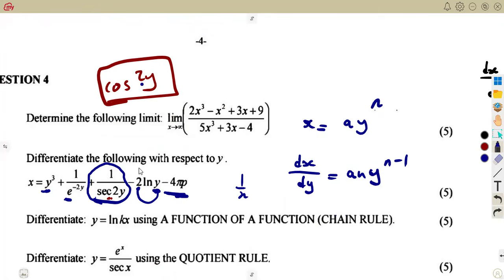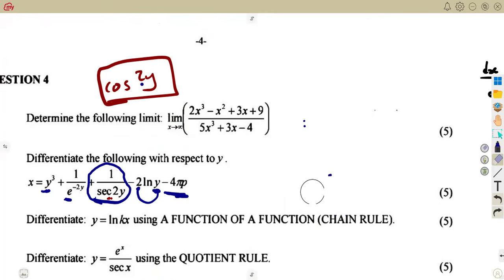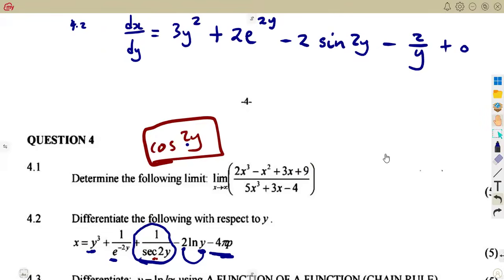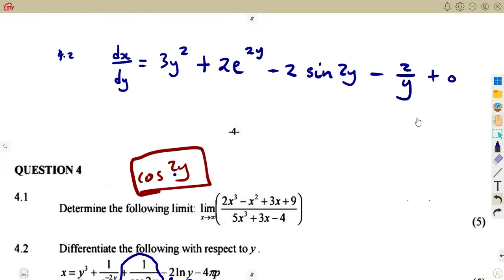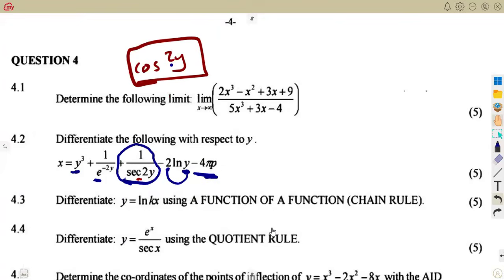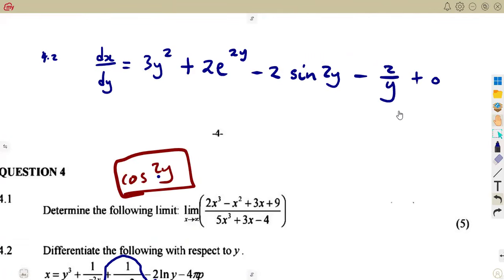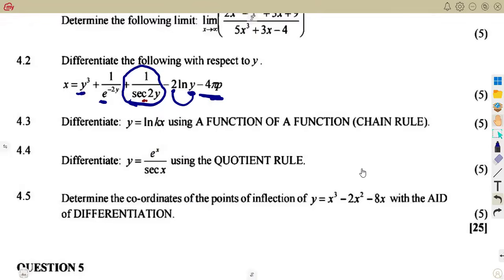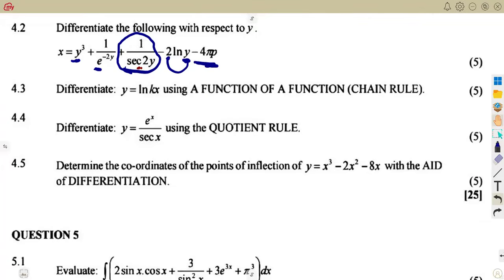So it is a constant. The derivative of a constant gives us a 0. Once you differentiate a constant, if you're not given that letter, it will give you a 0. So that was going to be plus 0 or minus 0, just up to you. You differentiate each and every part. This one is just 5 marks. They just mark like this, so you can show the stages aside of your derivatives. It's fine. It's up to you.